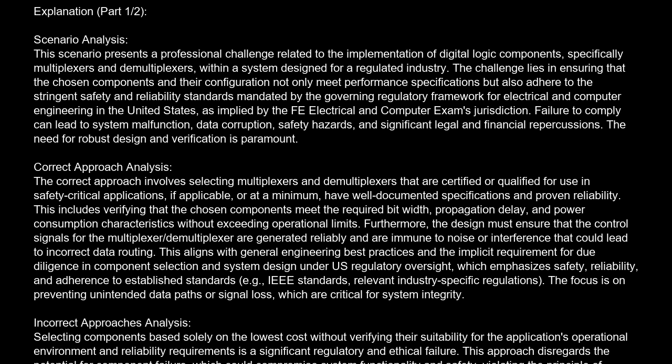Explanation. Scenario analysis. This scenario presents a professional challenge related to the implementation of digital logic components, specifically multiplexers and demultiplexers, within a system designed for a regulated industry.